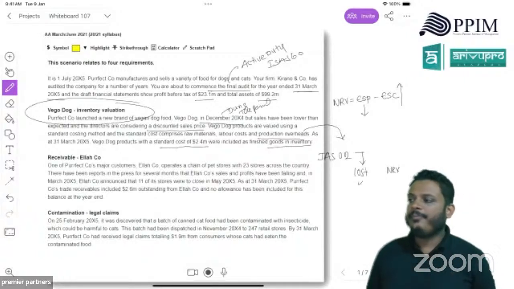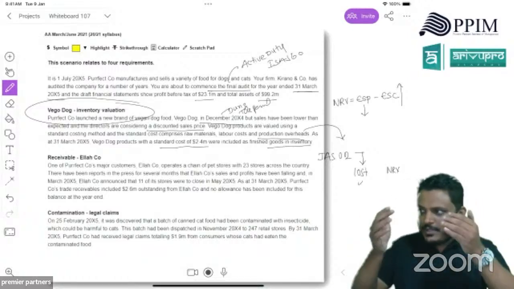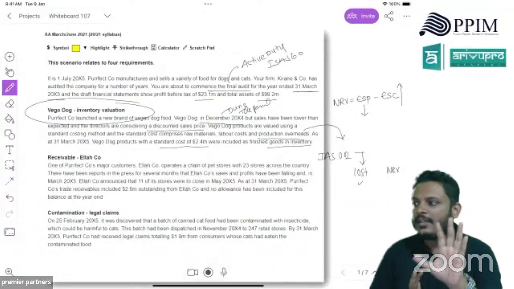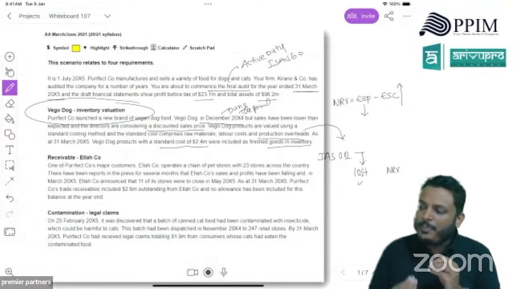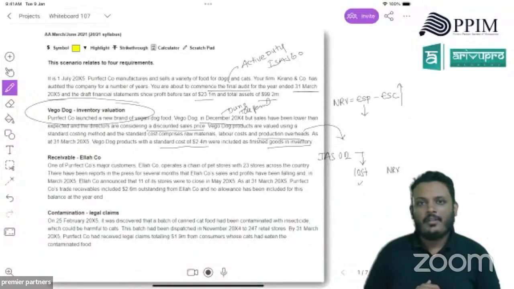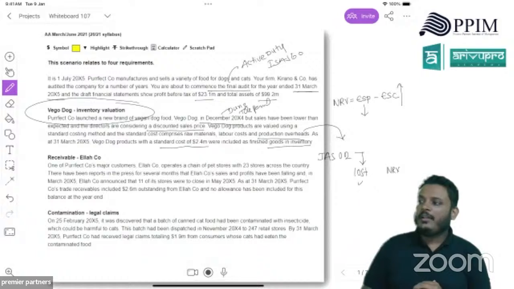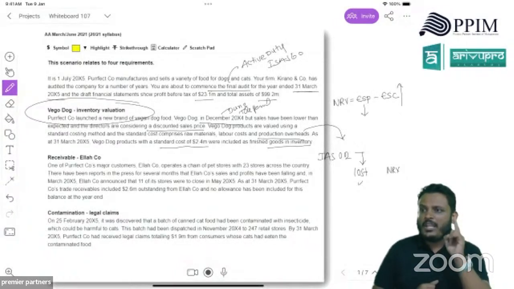Now students, see my perspective. Inventory is an asset. Agreed or not? An asset should be recognized in the financial statements when it exists. That's why for non-current assets, IAS 16 property, plant and equipment, should be initially recognized at cost.